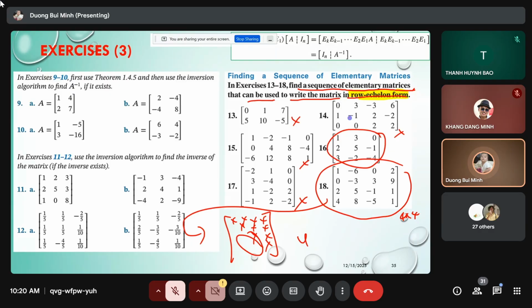This one is very difficult because we cannot find the sequence of elementary matrices, since this one is not a square matrix.